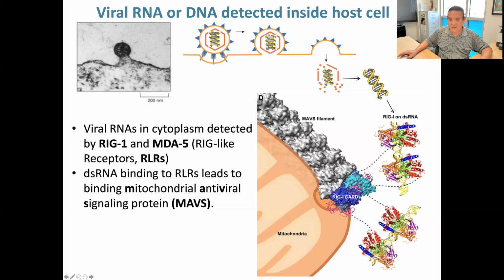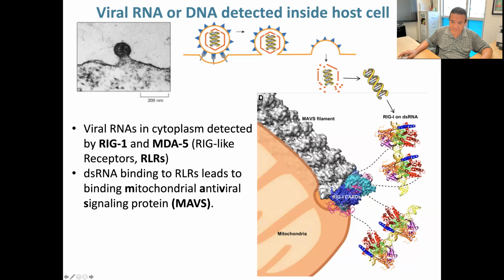So these RIG-like receptors fit the double-stranded RNA, and importantly, these proteins also fit or buckle into certain proteins on the surface of your cell's mitochondria. The surface of the mitochondria has a complex of proteins known as mitochondrial antiviral signaling protein, or MAVs. That's this big, long gray thing over here.